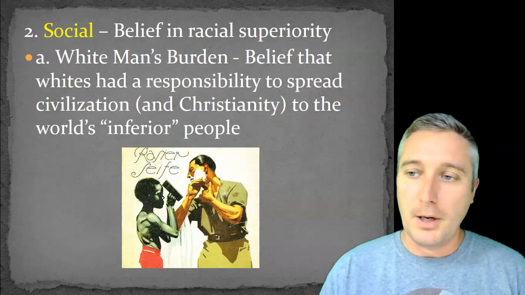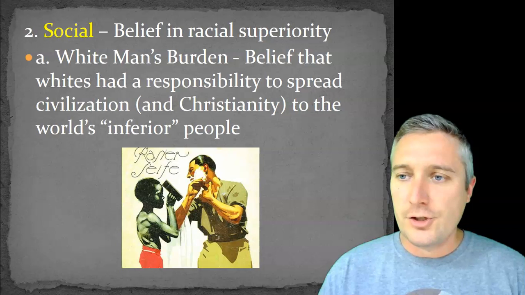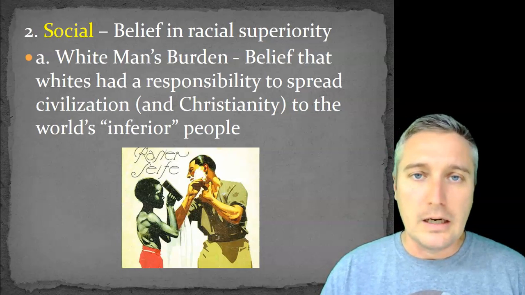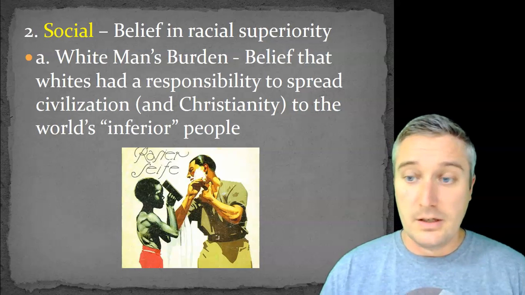And he wrote a poem in this time period called The White Man's Burden. Historians like to point to this as a great summary of how many of those European nations felt at this time, because frankly, it is quite racist.